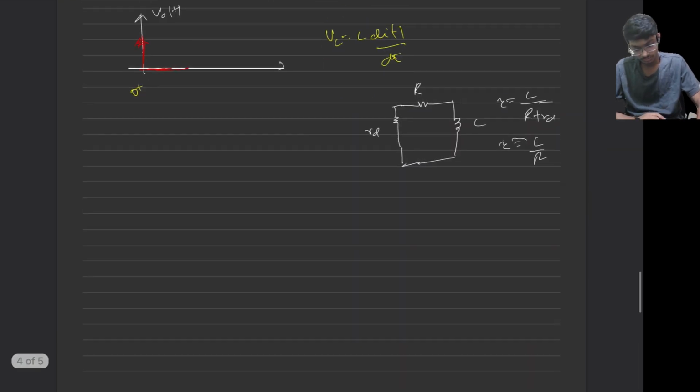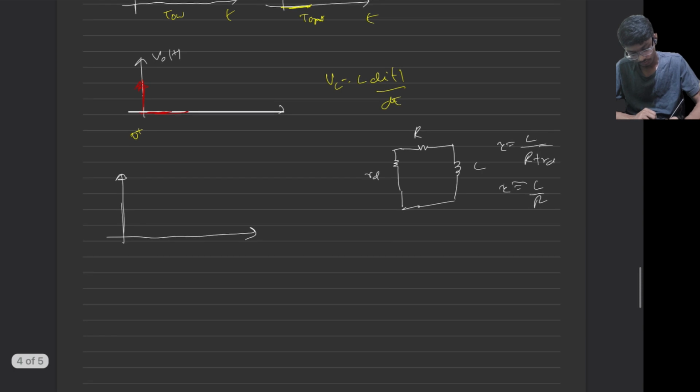So after this, we have plotted the current through the inductor. The current was constant, then it will very slowly discharge, then again it will charge instantly, then again discharge. This will keep on happening.